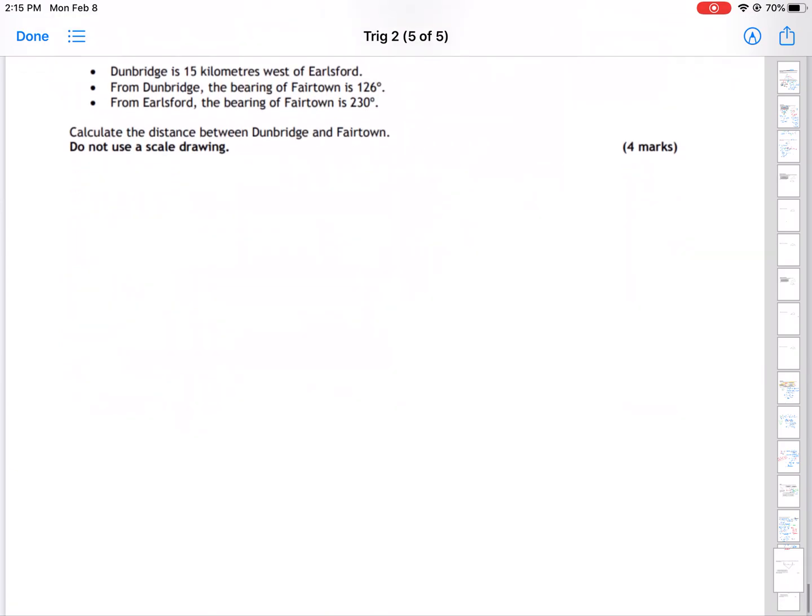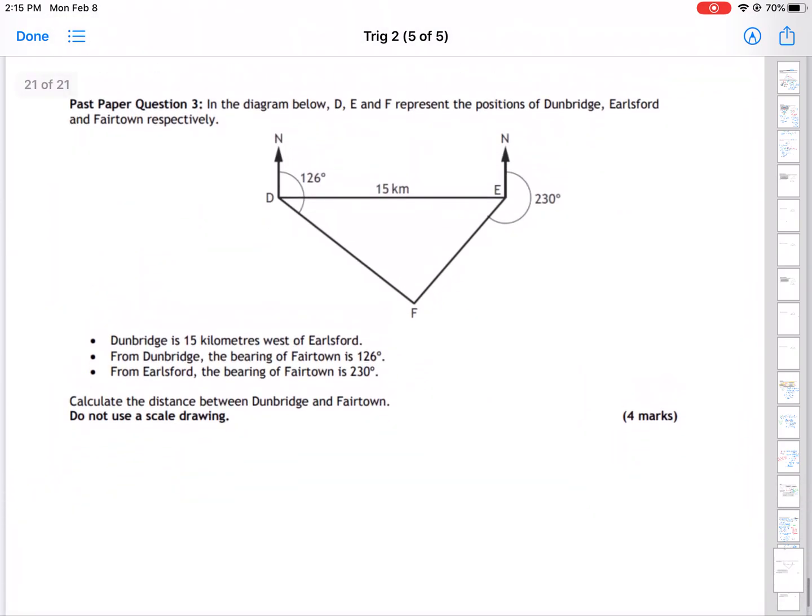Last past paper example, I think, yep, it's the last one, is one involving bearings again. So we're looking at this question here, representing positions of 3 places, and we're told about their bearings and stuff, and we're told that they're on this diagram here.